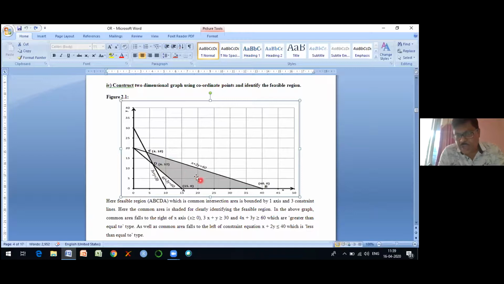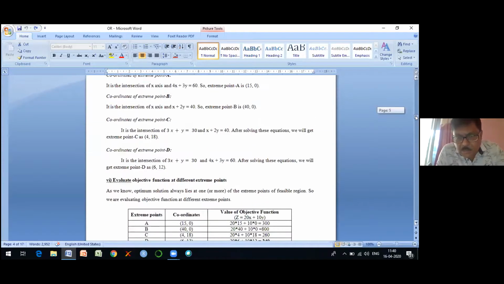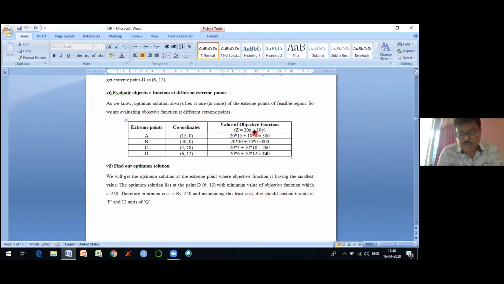Now we have to check all the points, that is C, D, A, and B, in the objective function, because our objective function is to minimize the cost. Now we are going to calculate the value of the cost at various coordinate points here. The objective function is z equal to 20x plus 10y.